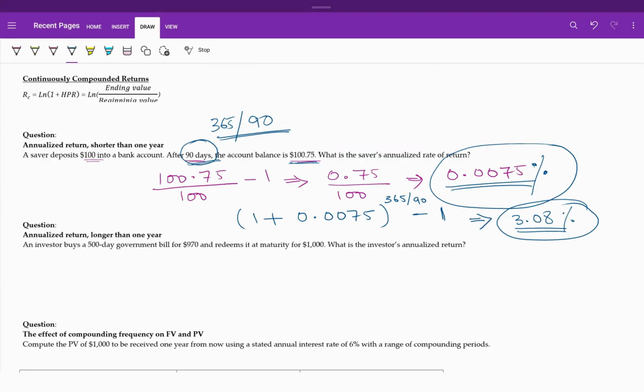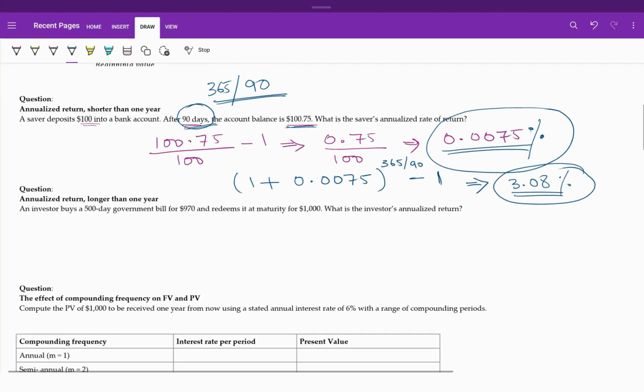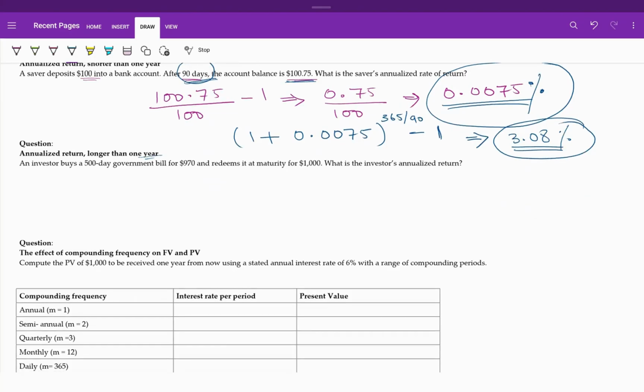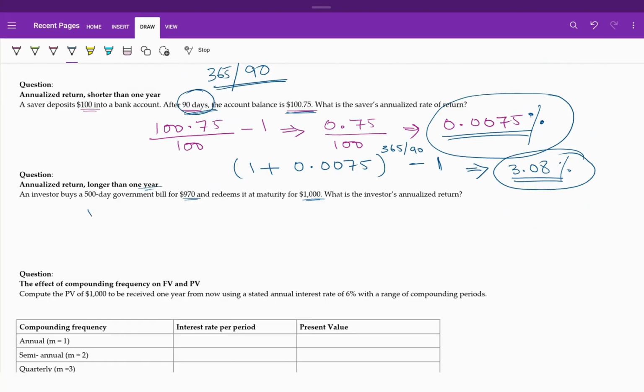One more time, let's do another question where the annualized return is for longer than 1 year. Let's assume that the investor buys a 500 days government bill for 970 and redeems it at maturity for $1,000. For the investor's annualized return, again, we need the holding period return, HPR.